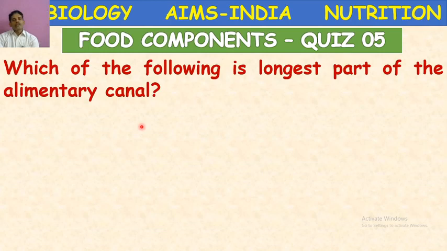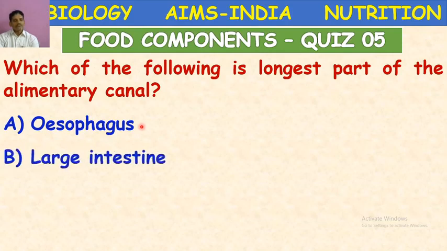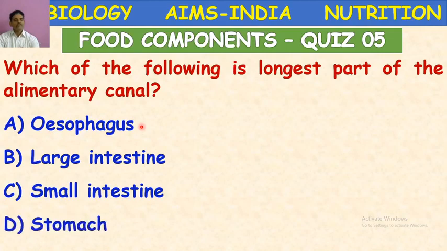Which of the following is the longest part of the alimentary canal? Oesophagus, large intestine, small intestine, stomach. All these are parts of the alimentary canal. So which is the longest one?